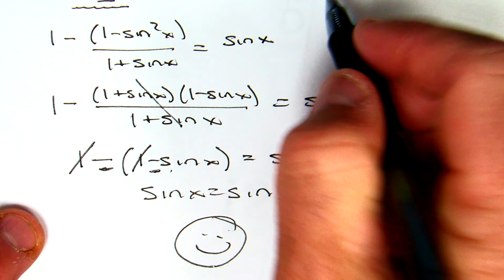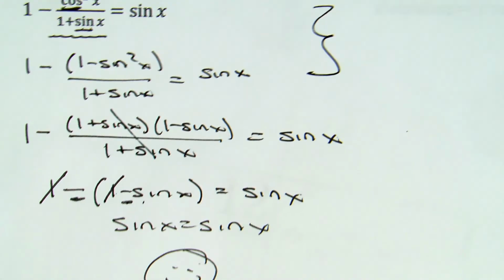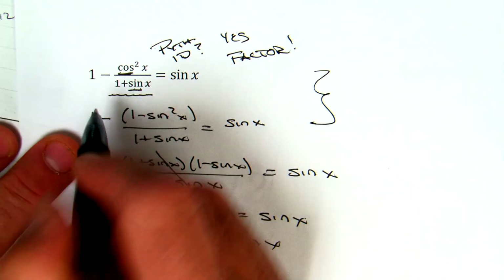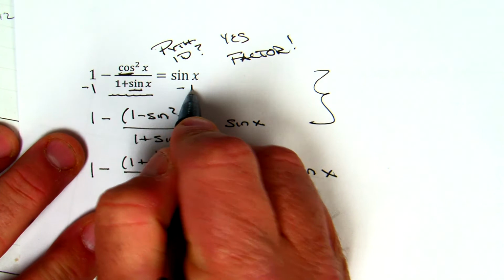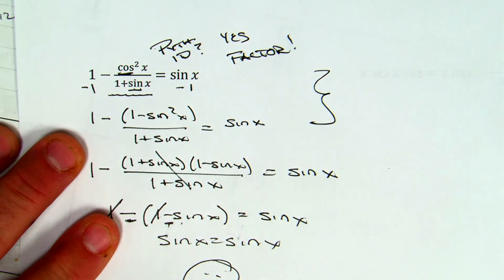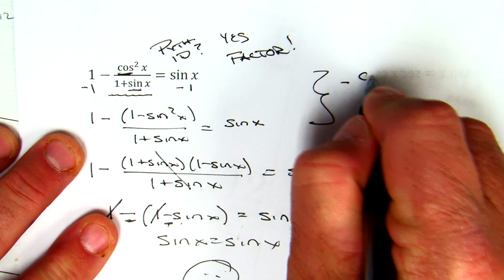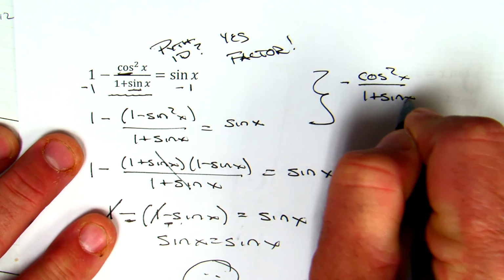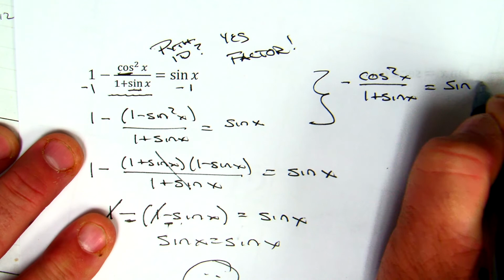Now, what you can do in the very beginning if you'd like, and again, this is just to show you what you can do, some people are going to subtract 1 from both sides right away. What's the 1 minus 1 then going to do on the left-hand side? Cancel out. And you're going to have negative cosine squared x over 1 plus sine x equals sine x minus 1.